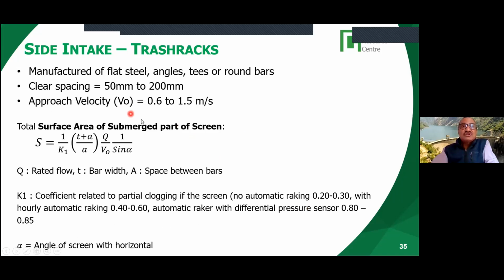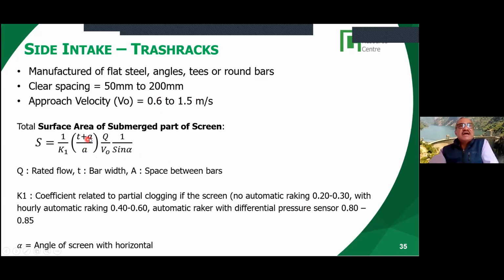And the approach velocity should not be very high, so it should be 0.6 to 1.5, because if you have very high velocity, it can take damage, it can erode the canal and the orifice materials.